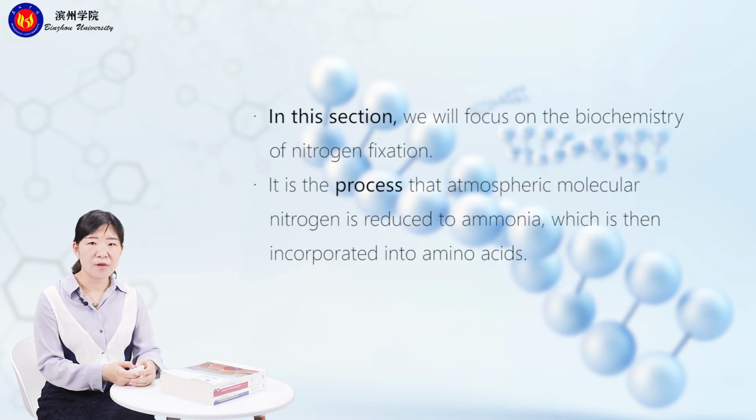In this section, we will focus on the biochemistry of nitrogen fixation. It is a process in which atmospheric molecular nitrogen is reduced to ammonia, which is then incorporated into amino acids.